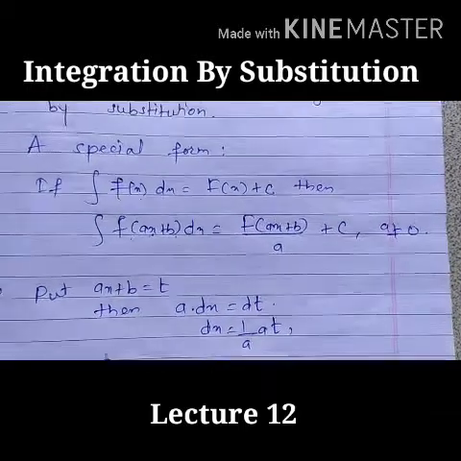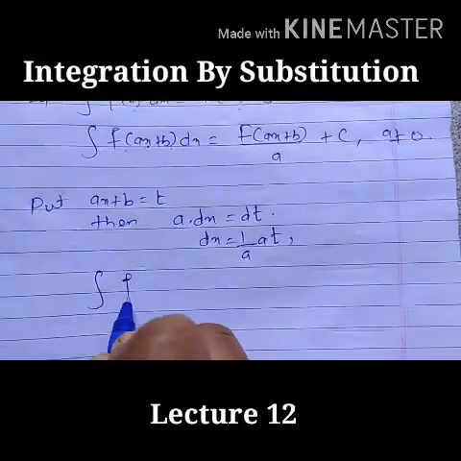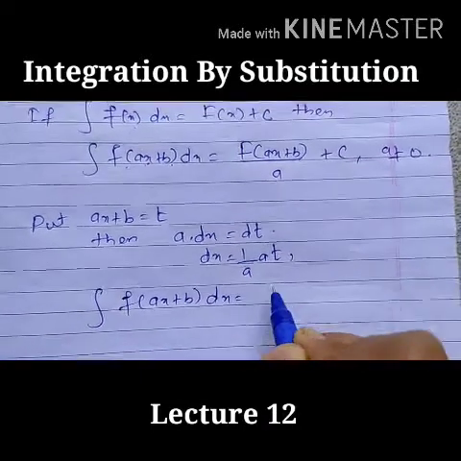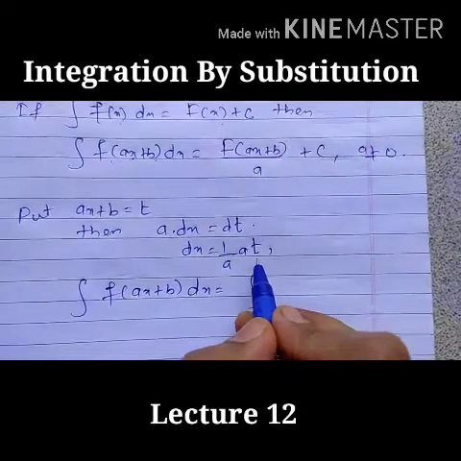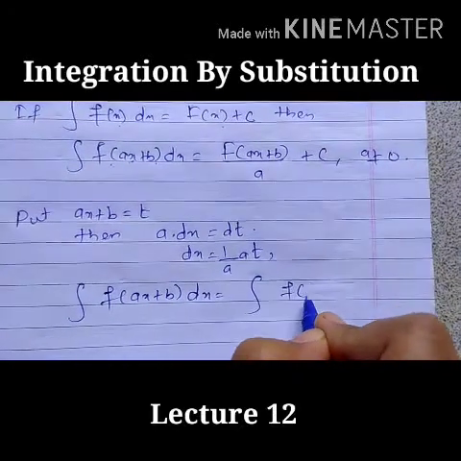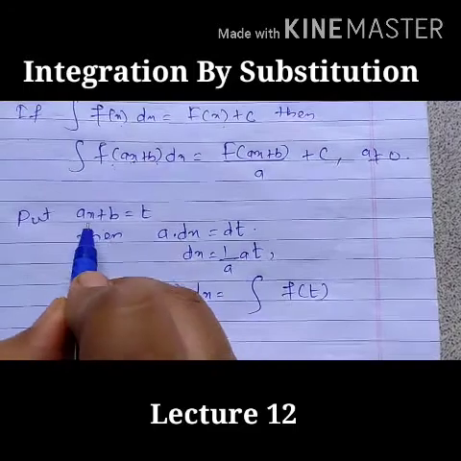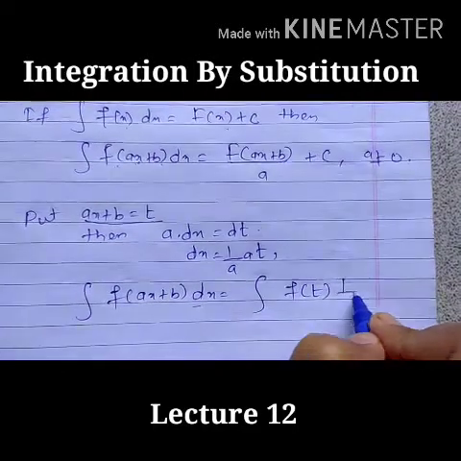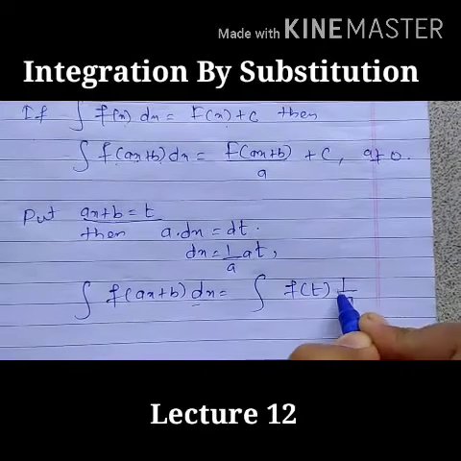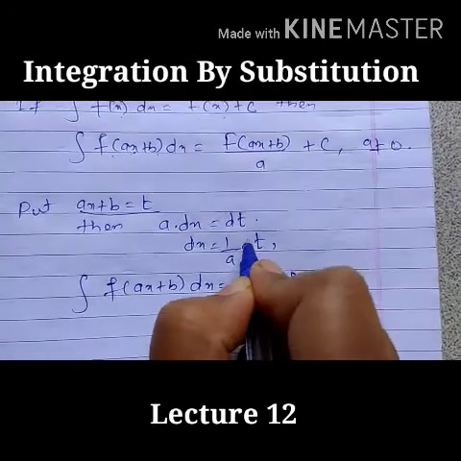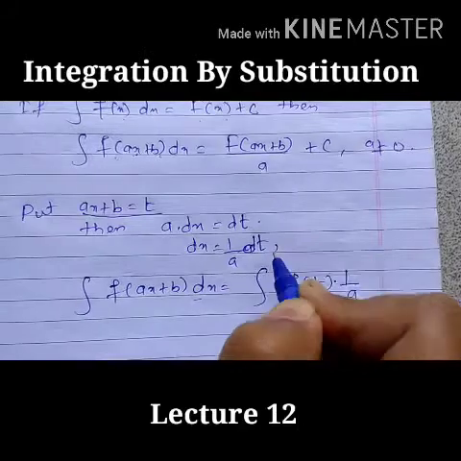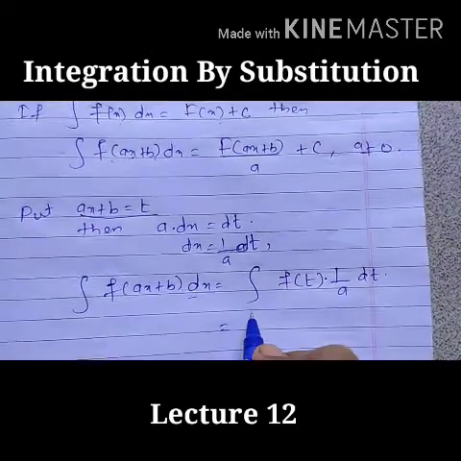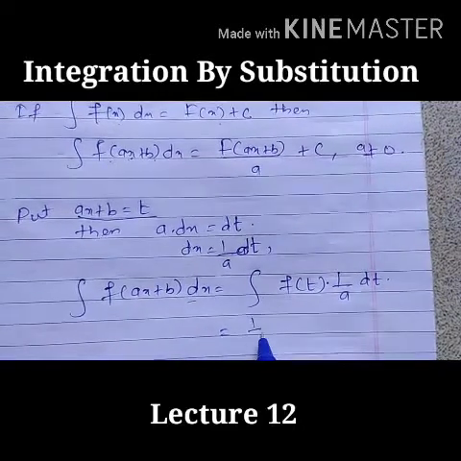Now the integral will be integration of small f of ax plus b dx. Now we'll change it into the variable t, so it will be f of t. Now we are putting ax plus b as t, and dx we will put as 1 upon a into dt. So it will be 1 upon a.